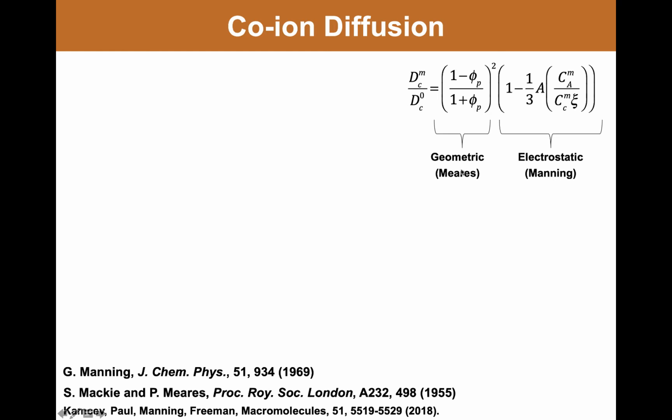Now, it turned out that Jerry Manning, in addition to publishing a model of the thermodynamic properties of ions in the vicinity of charged polymers, also published a model in conjunction with that thermodynamic theory, which gave predictions for the effect of fixed charges on a polymer backbone on the diffusion of ions in the vicinity of the fixed charges on polyelectrolyte chains.